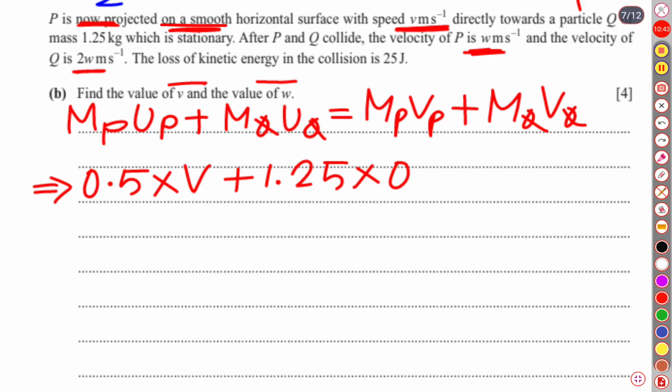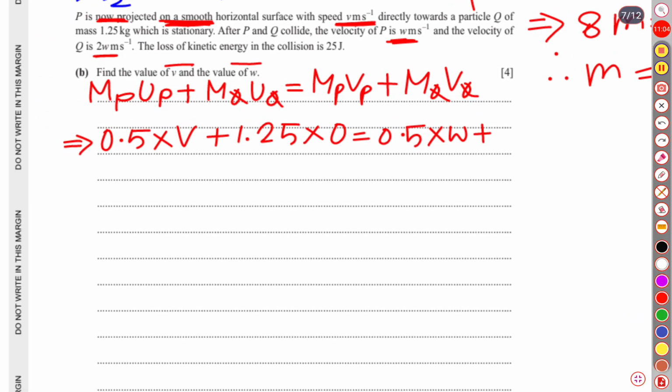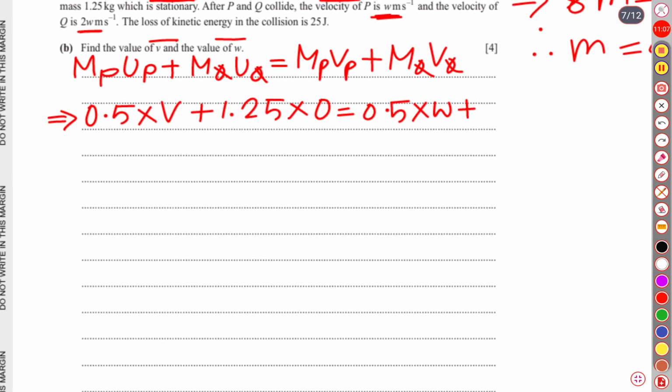Look at this, here it is written stationary. Q was at stationary level. Then mass of particle p is 0.5, then final velocity of particle p was w plus mass of particle q is 1.25 into final velocity after the collision. Final velocity of q was 2w.